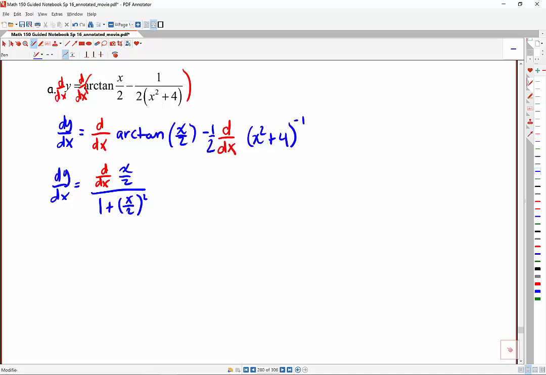And continuing, we will have minus 1/2 times, this is just our regular power rule. Remember, you're differentiating, so you're going to get negative 1 times our something to the negative 2 times d/dx of our something using the, what was that rule called? The chain rule, right? So here's our something.